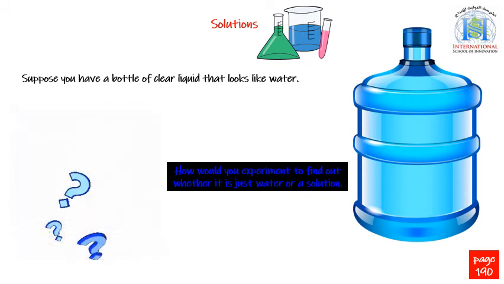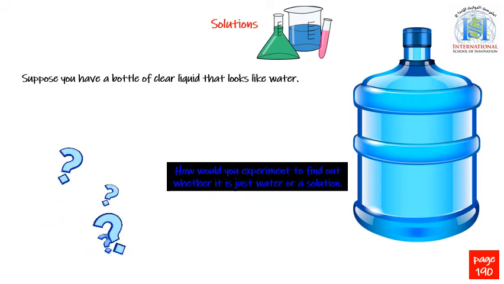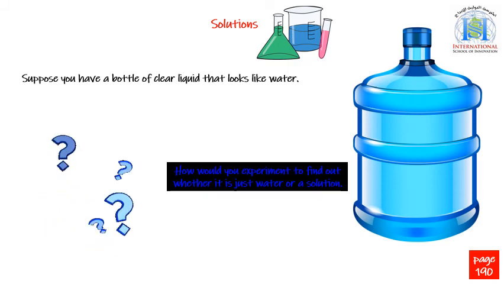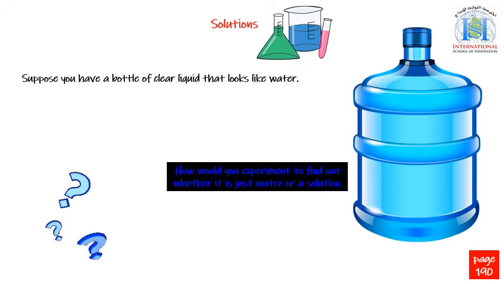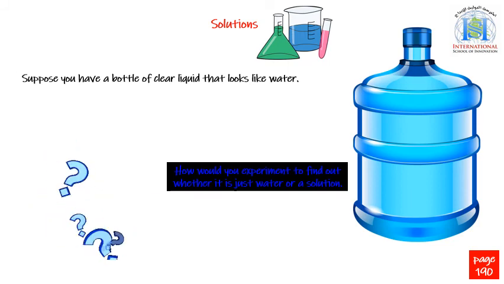So think of it. How would you experiment? What would you do to find out if this liquid is just water or this liquid is an aqueous solution? What would you do? Leaving it in the sun or heating it.